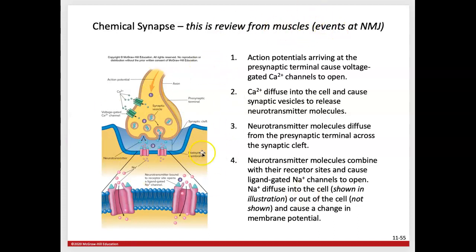Again, this is something you've already heard based on what we talked about in muscles.